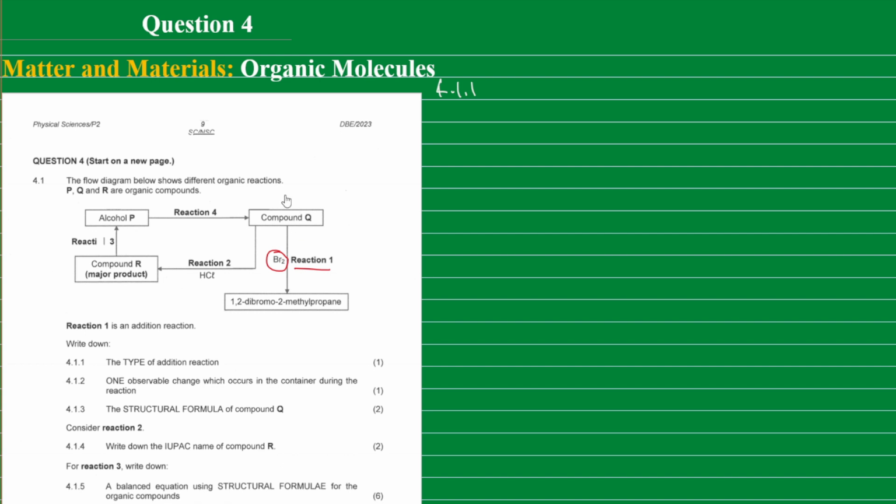We are taking compound Q and, since it's an addition reaction, we add Br2, bromine, and this is the product that we get. When we are adding bromine, which is a halogen, the reaction is called halogenation. So the answer is halogenation. We are adding bromine, which is one of the halogens.